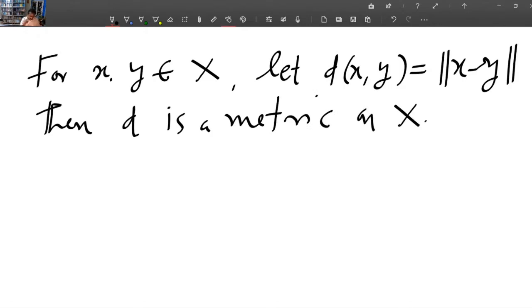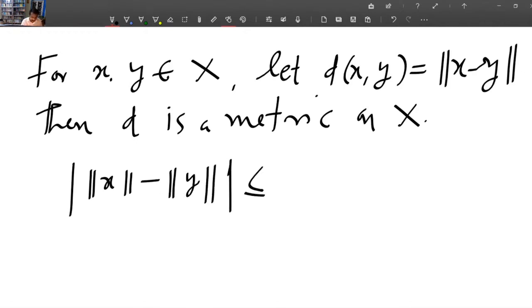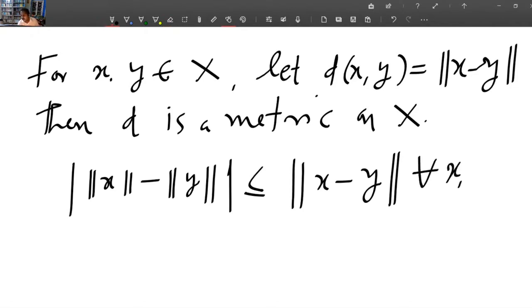And we have this condition: the modulus of norm x minus norm y is less than or equal to the norm of x minus y, for all x, y in X. We know this condition holds.